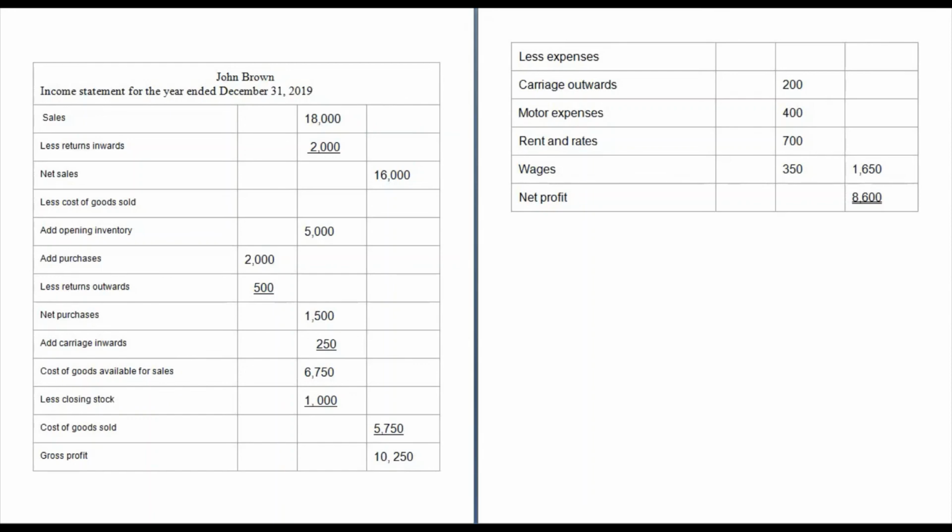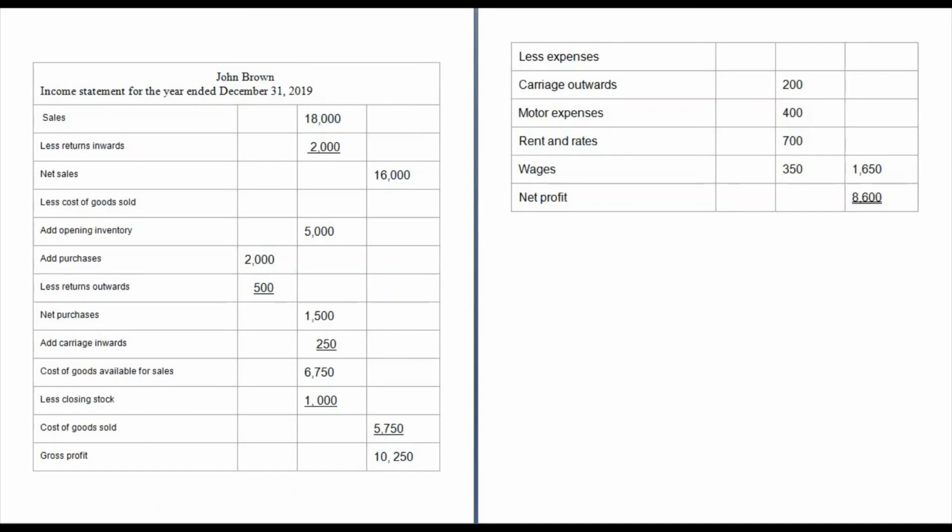When you take away your closing inventory from the cost of goods available, then you arrive at the cost of goods sold. Once you get your cost of goods sold, you subtract that from your sales, then you arrive at the gross profit.